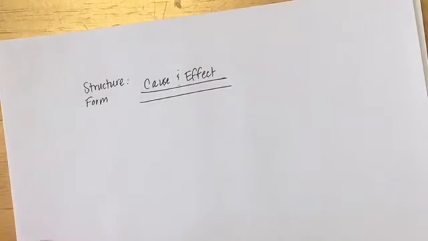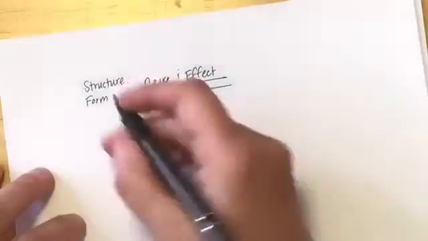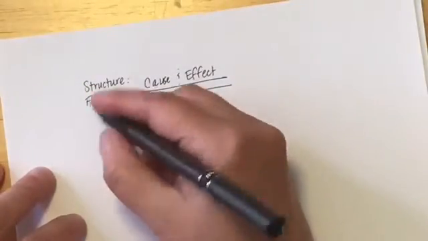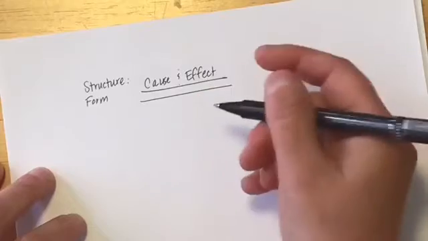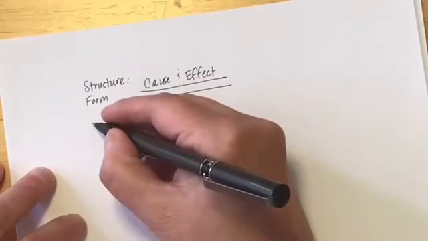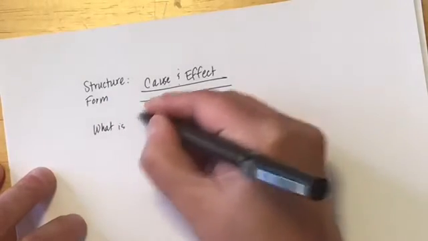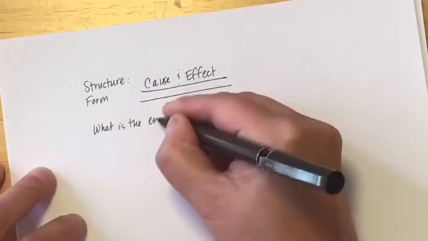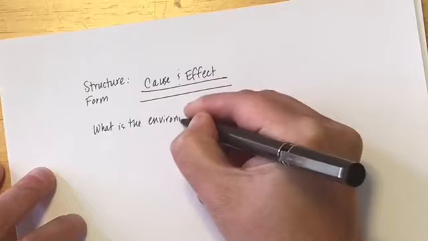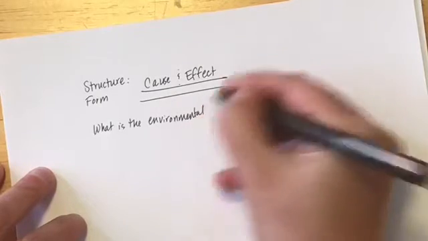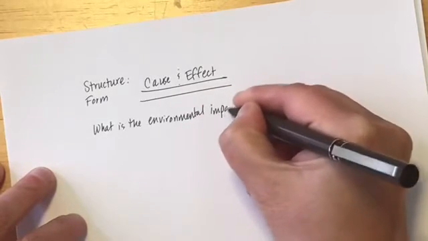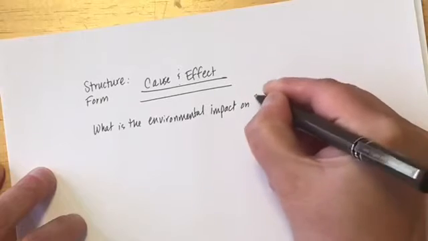Why I know mine is a cause and effect type of paper is because that's sort of how I designed it. My original question was, what is the environmental impact on frogs?